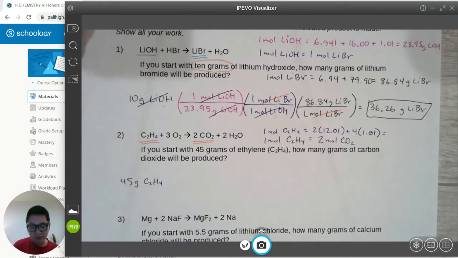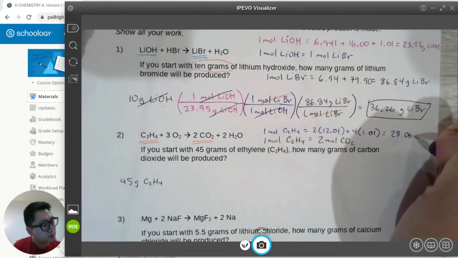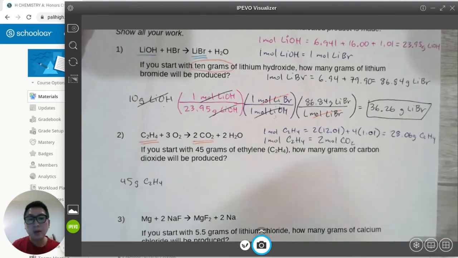2 times 12.01 plus 4 times 1.01 on my calculator. So add it up and you should have gotten 28.06 grams. This is C2H4. Okay, 1 mole of C2H4 weighs 28.06 grams. Again, don't worry about sig figs for this.